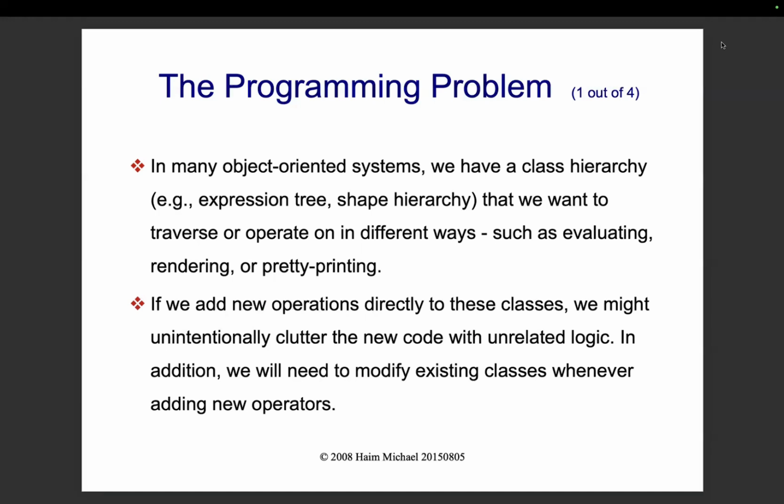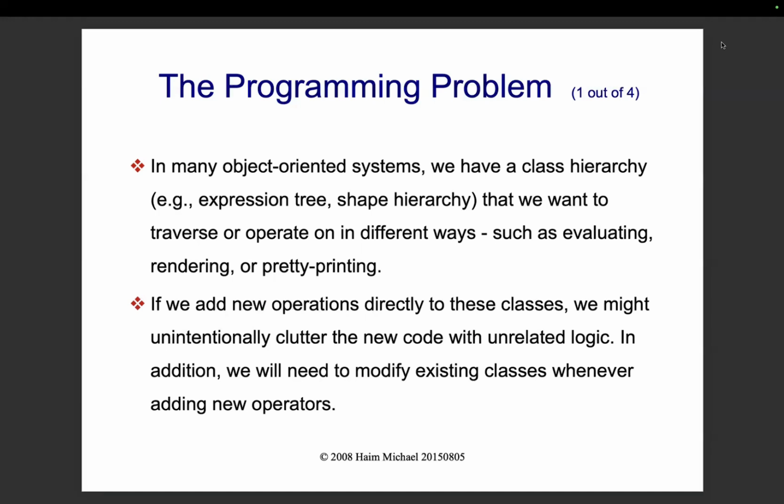So code that renders the object to the screen, we should consider it as code that should be in another class, not the classes from which the objects were created.